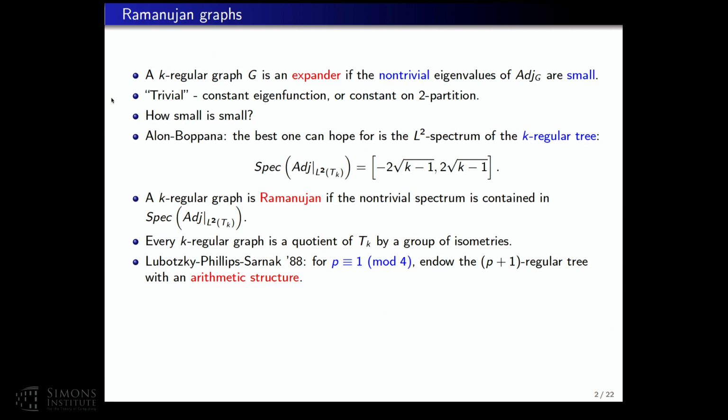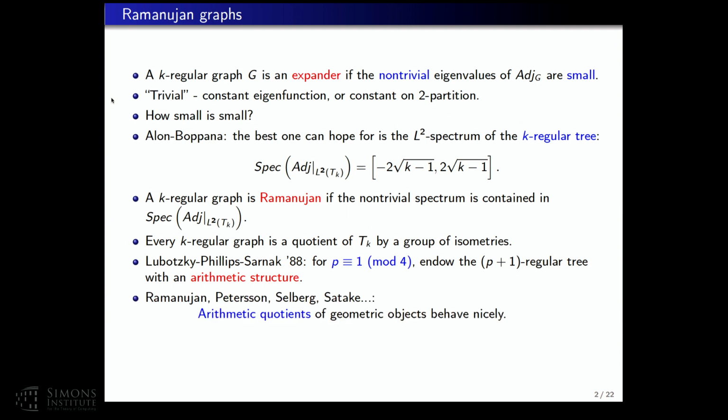And they did it with a philosophy in mind coming from number theory, which is that if you have a geometric object, its arithmetic quotients behave nicely. And in this case, it gave them Ramanujan graphs.